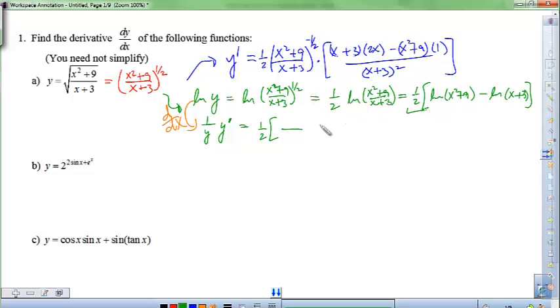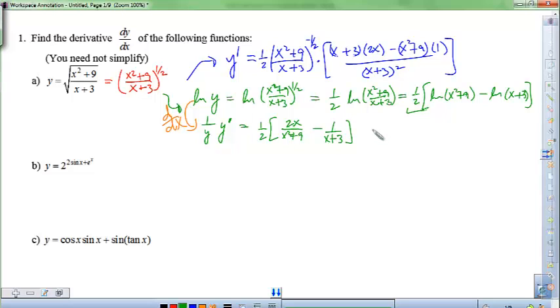So the derivative of ln of x squared plus 9 is 1 over x squared plus 9 times the derivative of x squared plus 9. And then the derivative of the ln of x plus 3 is 1 over x plus 3 times the derivative of x plus 3, which is just 1.